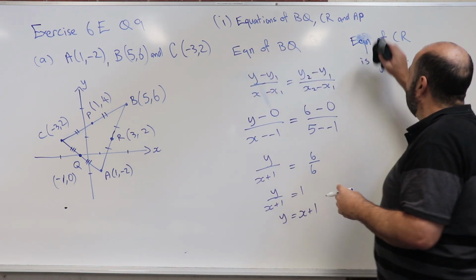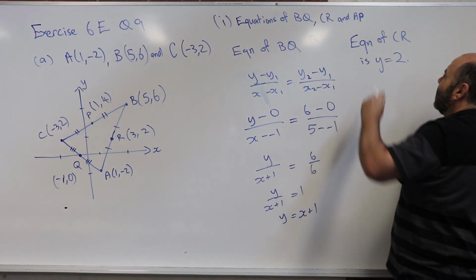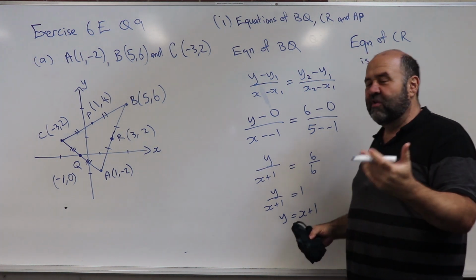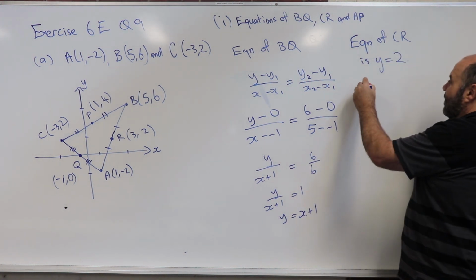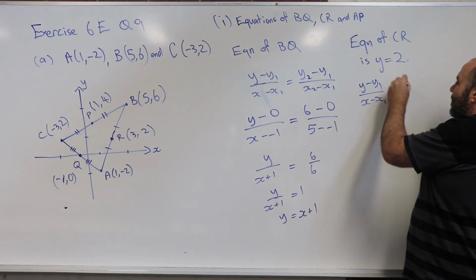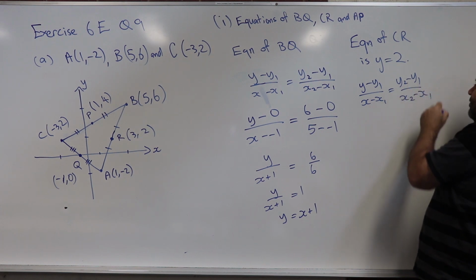If I was to use the 2-point formula, this is what I'd see: y minus y1 over x minus x1 is y2 minus y1 over x2 minus x1.